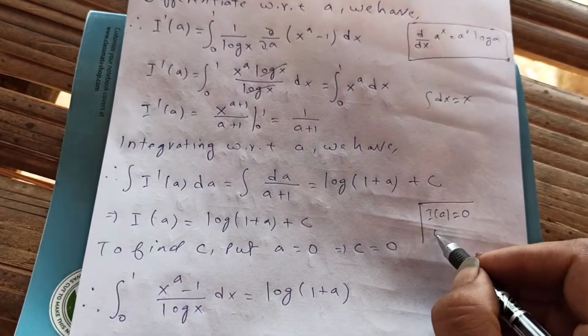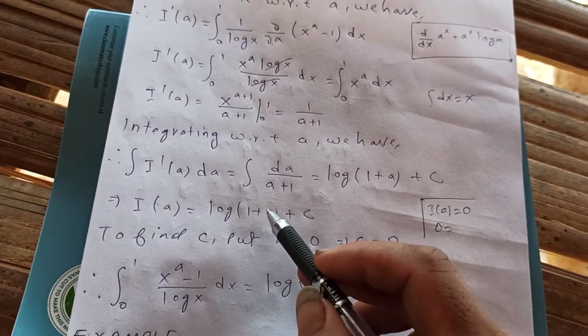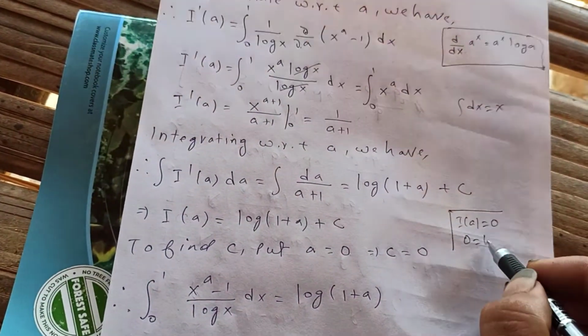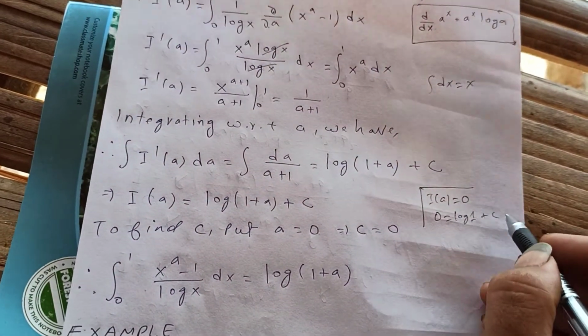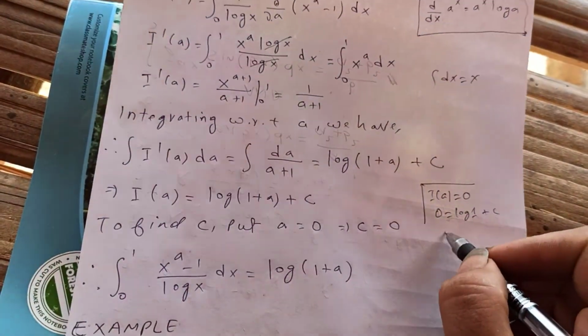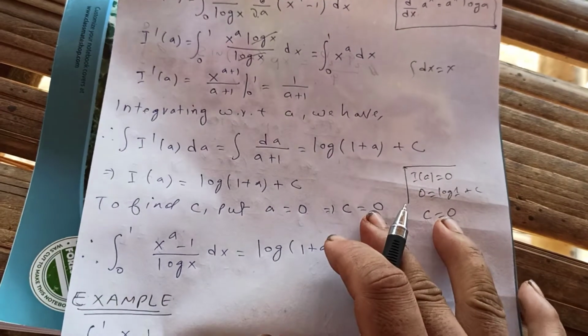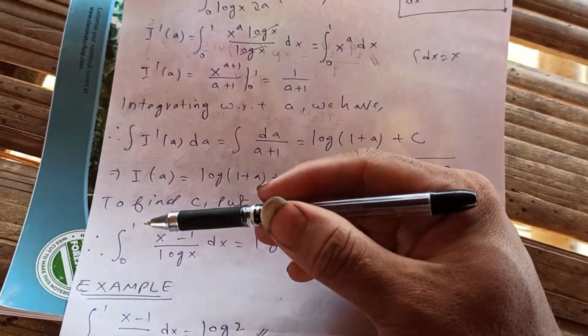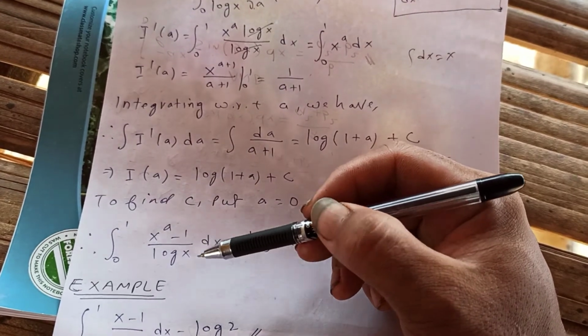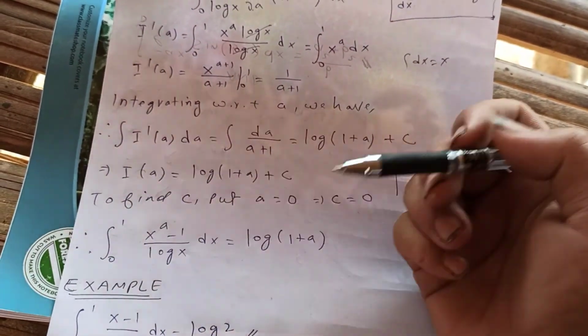So 0 equals, if you put a equal to 0, log 1 plus c. We know that log 1 is just 0, so c will be 0. Therefore our integral from 0 to 1 of (x^a minus 1) upon log x dx is nothing but log of 1 plus a.